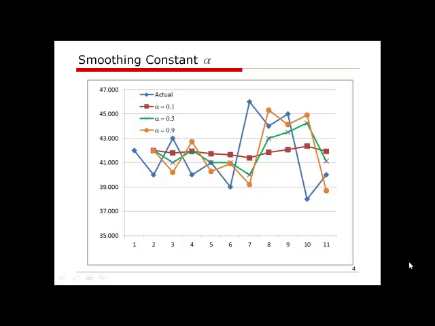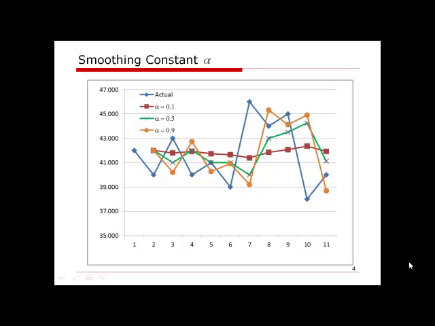Now we can see when alpha equals 0.1, the forecast result is pretty flat, and it didn't change with the significant change of the actual data. On the other hand, when alpha equals 0.9, we can see it always changes with real data, which means the forecasting model itself is very responsive.